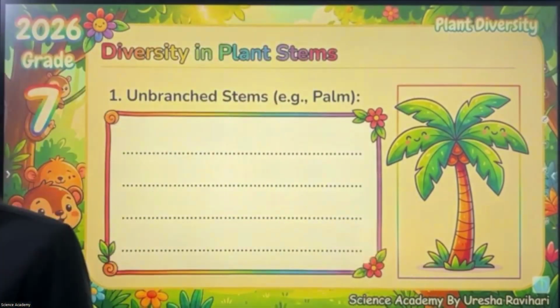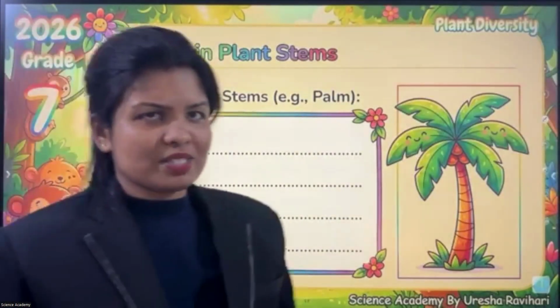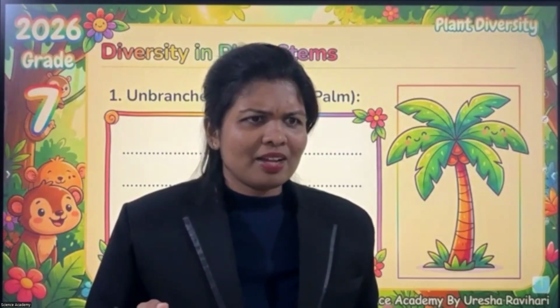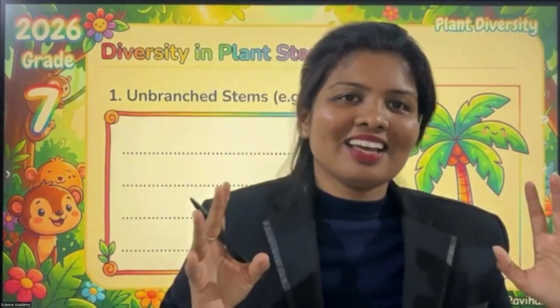Okay, right. So here children, what are unbranched stems? No branches in the stem. The plain stem goes up to the highest point, having a cylindrical shaped stem. That means stems which don't have branches.